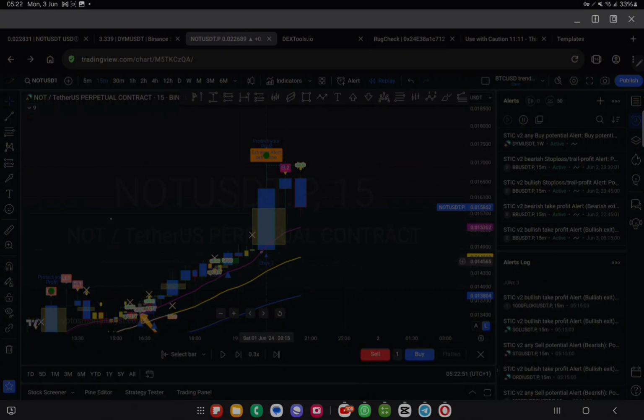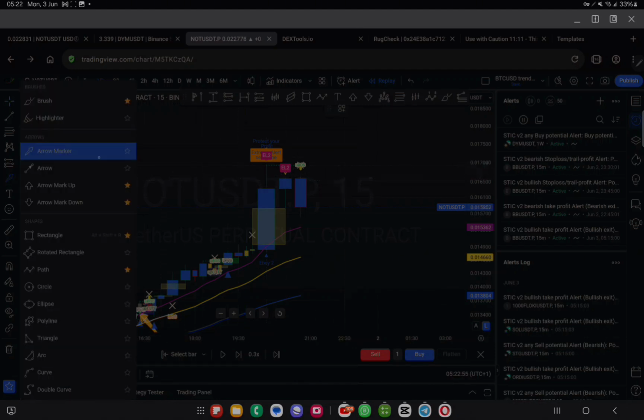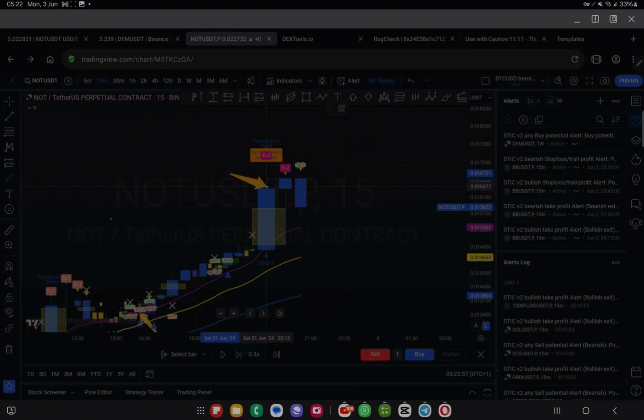And what do I do? I just take my profit here. I took my profit there. So that gave me a profit margin of about 21% from here to here.